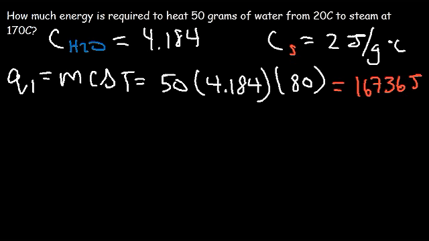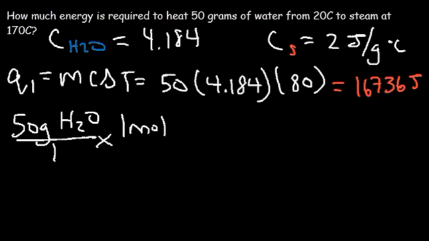So now, let's focus on the second part, Q2, which is a phase change. To calculate the energy required to vaporize water from liquid at 100 degrees Celsius to steam at 100, we need to do a conversion. So let's start with 50 grams of water, and let's convert it to moles.